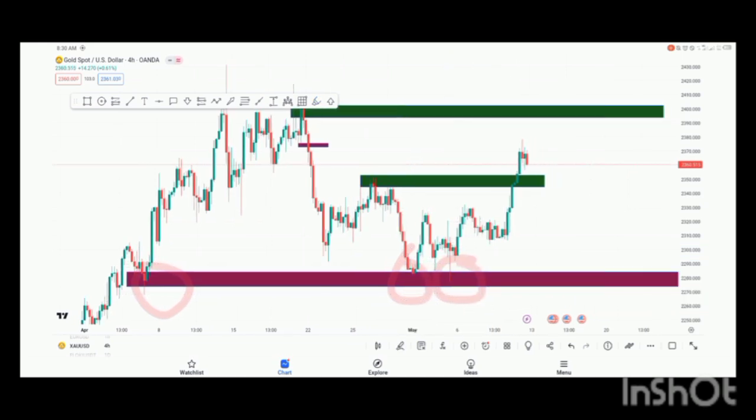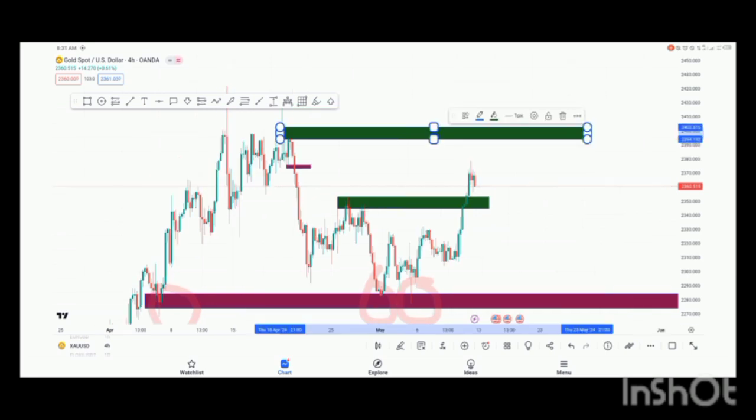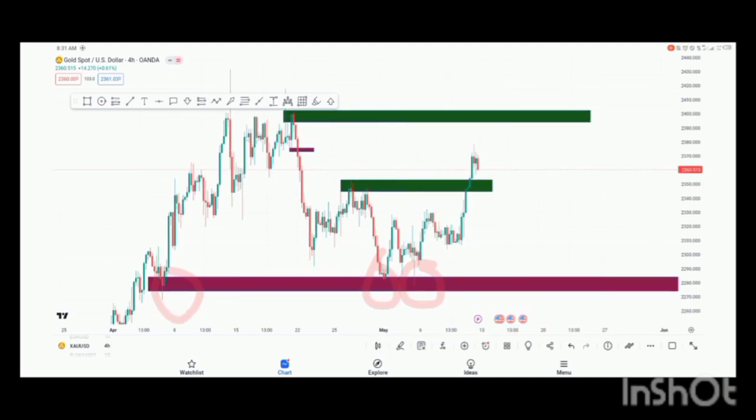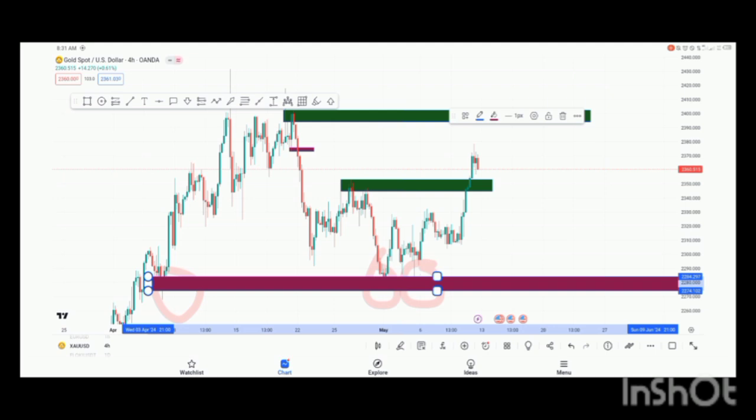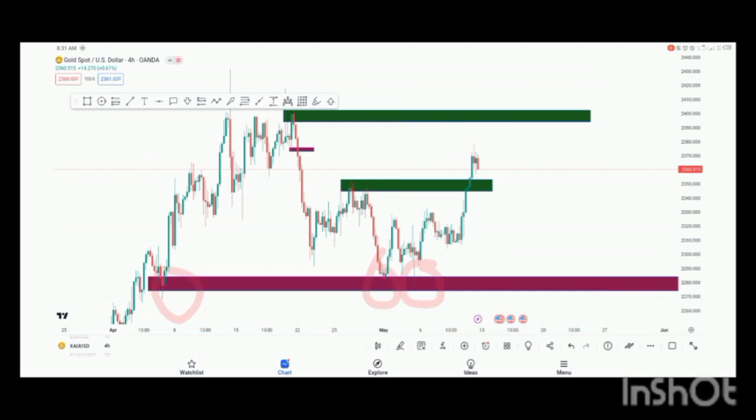So for next week, we'll be expecting price to, like we said, continue to the upside to this resistance zone right here. But on the flip side, if price decides to drop from its current zone, we're expecting price to move over to this support zone right here. I'm just going to be drawing that out real quick so we don't get confused.